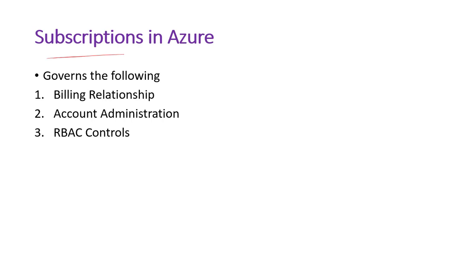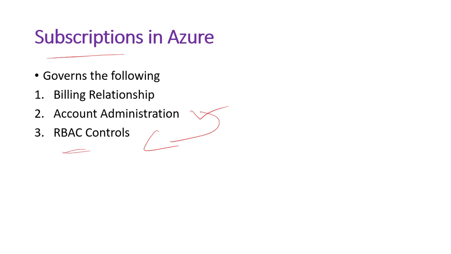and it manages the account administration. Account administration means who can access the subscription and what level of access the user can have. This access can be provided using RBAC, role-based access control.